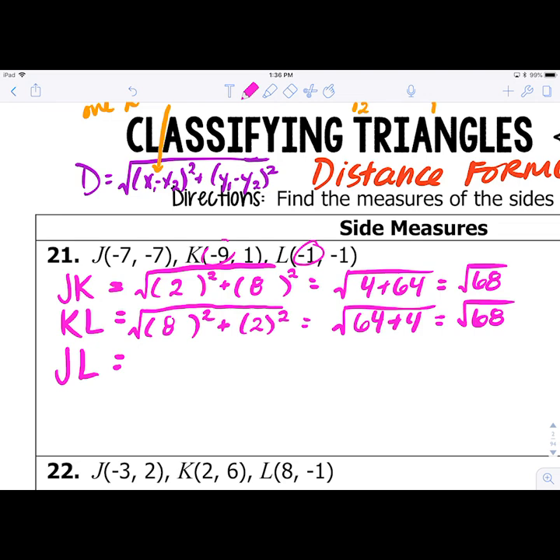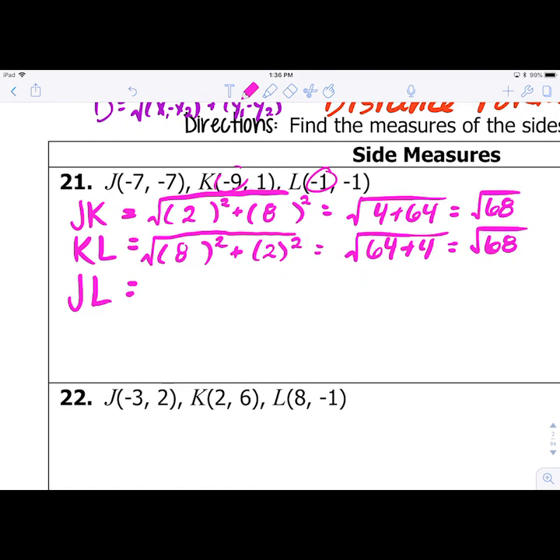So we know this is at least isosceles. We just need to try JL and see how that's going to look. From negative 7 to negative 1, that is an 8 unit separation. No, it's not. I goofed. From negative 7 to negative 1, that's a 6 unit separation.